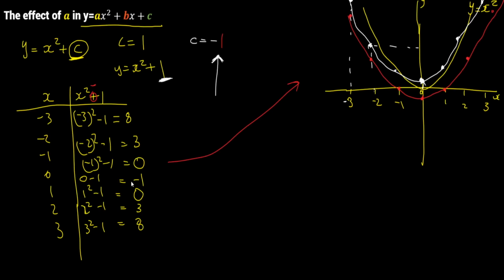Now we can see that we have a y-intercept of y equal to minus 1. And we can already see that the graph has shifted downwards.